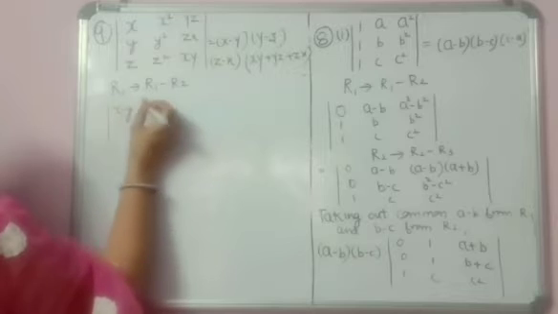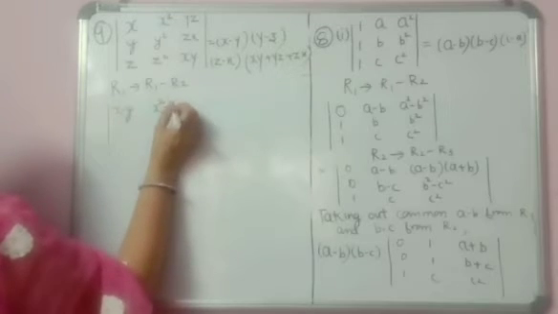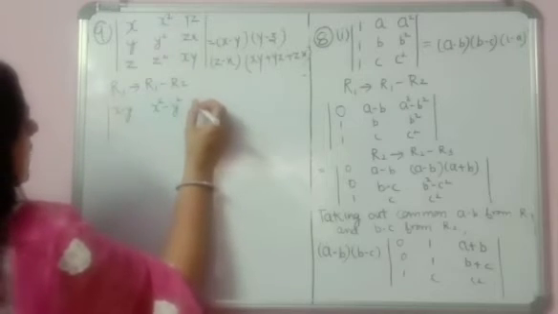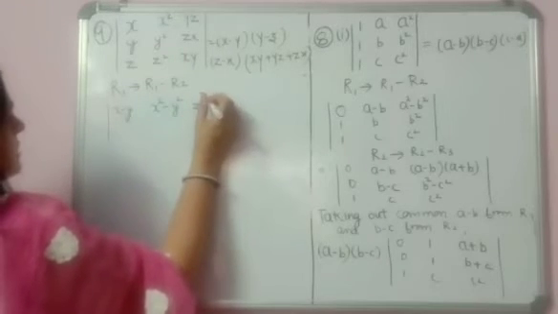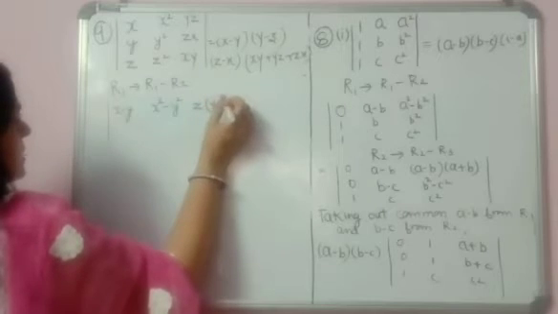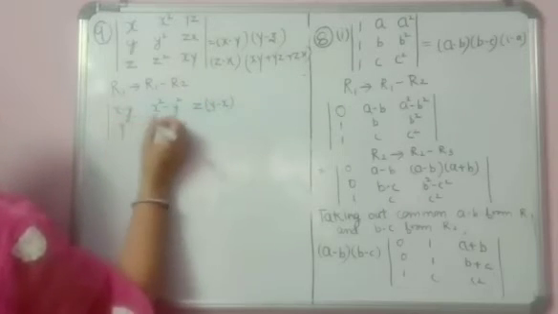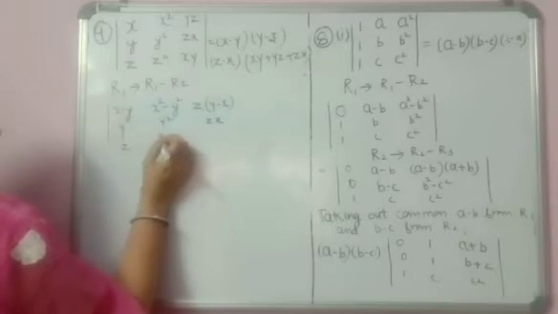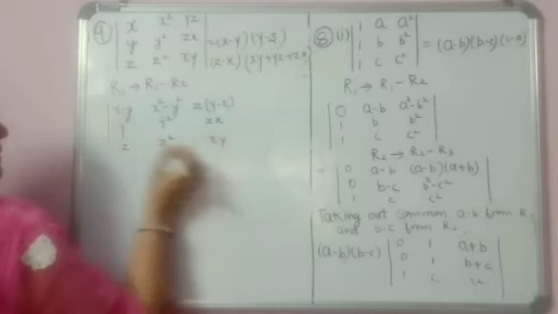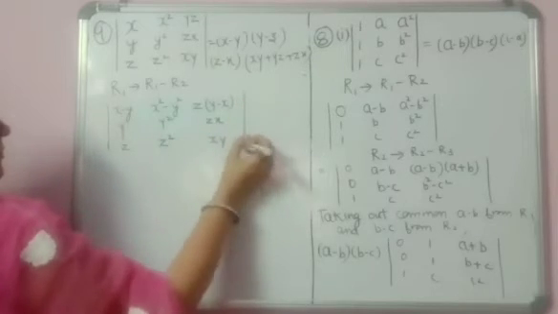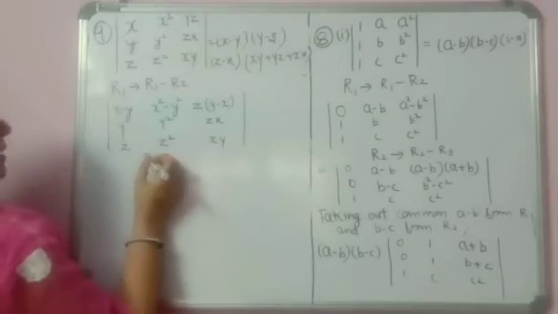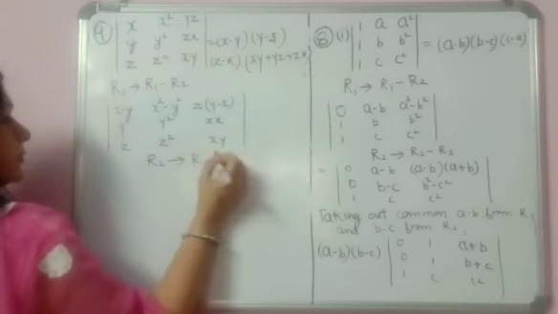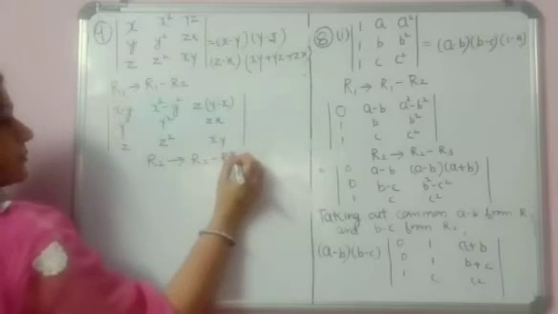So you will have x minus y, x square minus y square, and yz minus zx, meaning z common and y minus x. Okay, then you have y square, zx, z square, xy. Now you will apply change R2 to R2 minus R3.